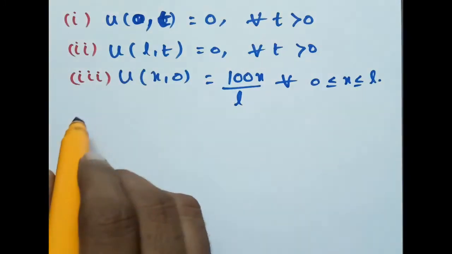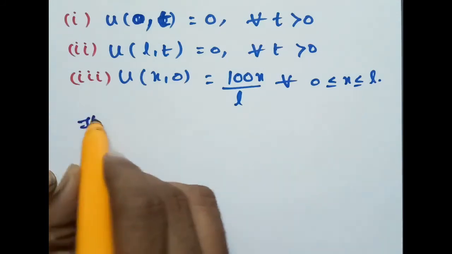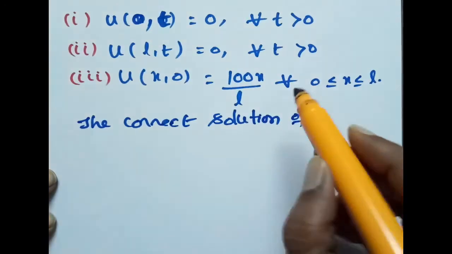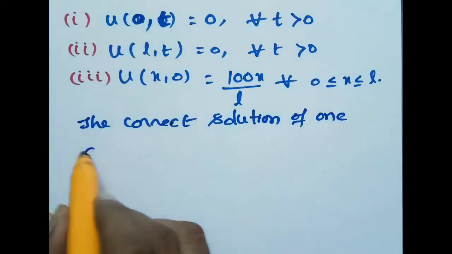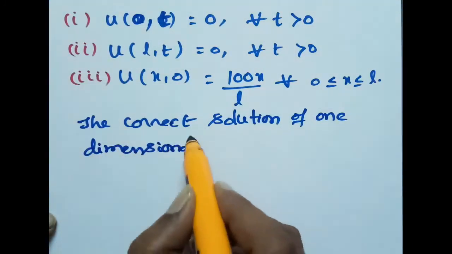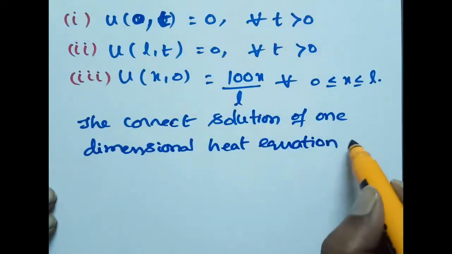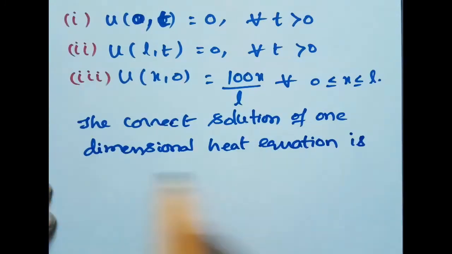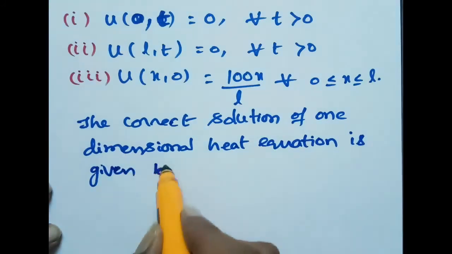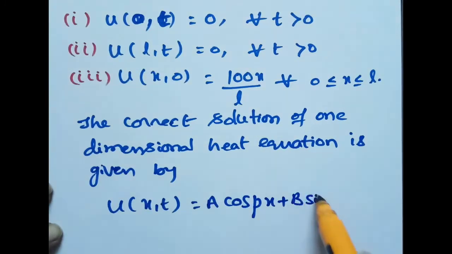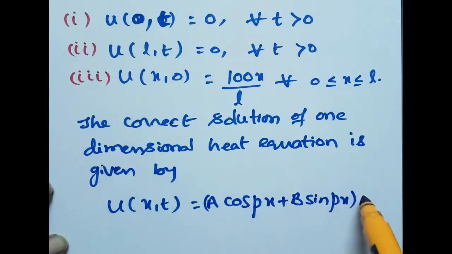Now, as explained in problem number 1, the correct solution of the one-dimensional heat equation satisfying the above conditions is given by u(x, t) = (a cos px + b sin px) e^(−c²p²t).